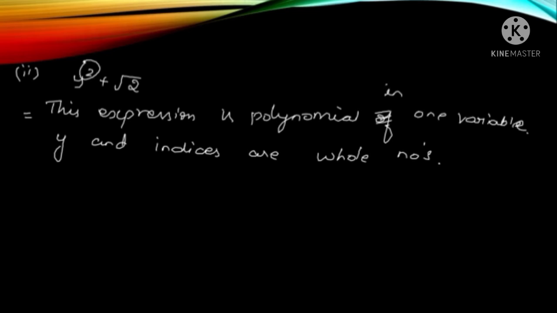Just consider the power is 2, so it is a whole number. This root 2 is a constant.